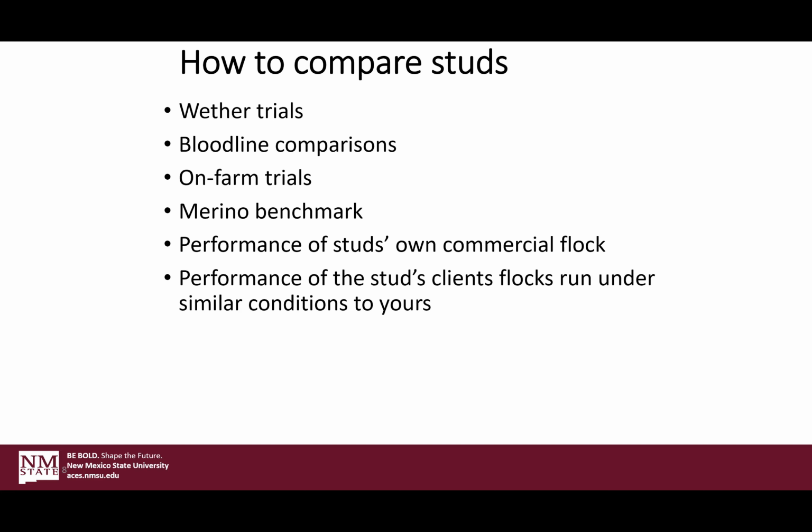Wether trials, meaning do they have access to performance of their offspring in feedlots, or carcass data, anything like that. If you're looking to market the lamb component of the crop, you can compare bloodlines. There are differences within breeds. You can test these rams for yourself. That's always a good way to evaluate if you're making progress.